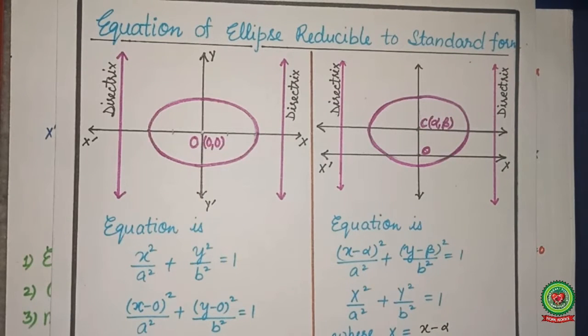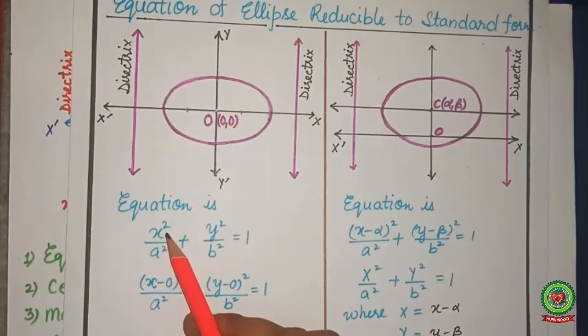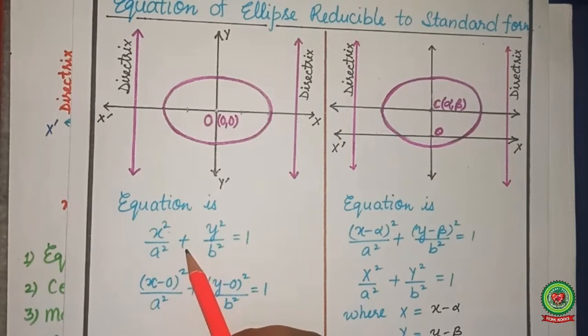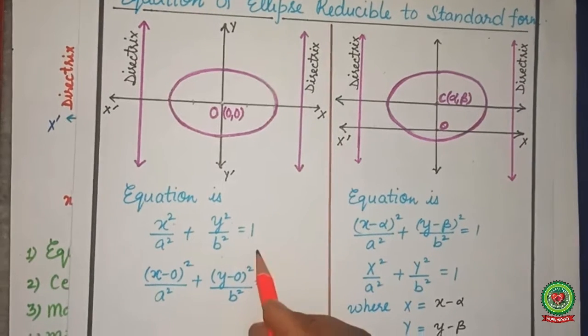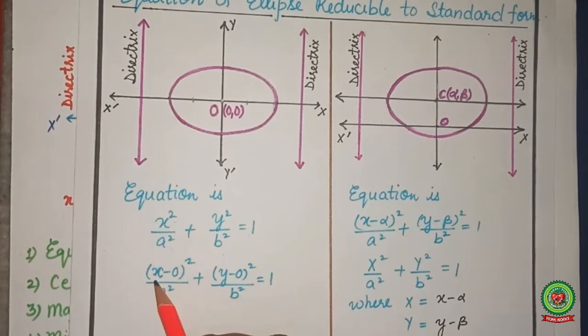So in this case, firstly, in the standard form, we have the equation x square upon a square plus y square upon b square is equal to 1. It is also written as x minus 0 whole square upon a square plus y minus 0 whole square upon b square is equal to 1. Here the center point is subtracted from x and y. So on simplifying we will get the standard form.